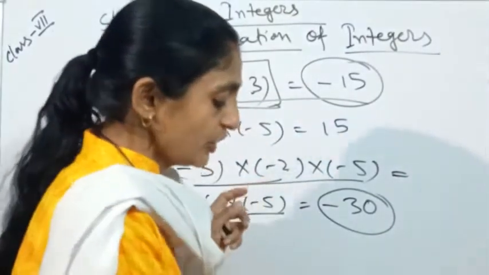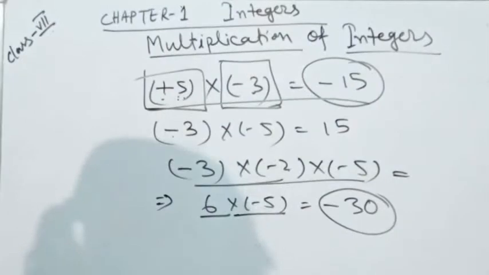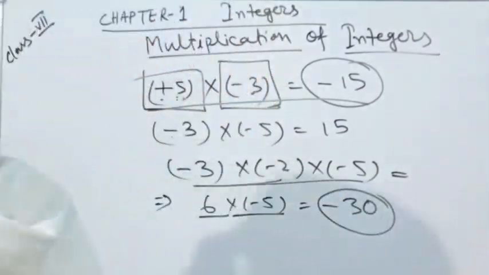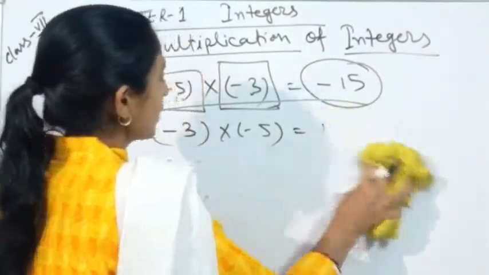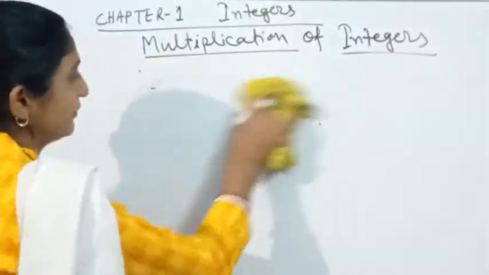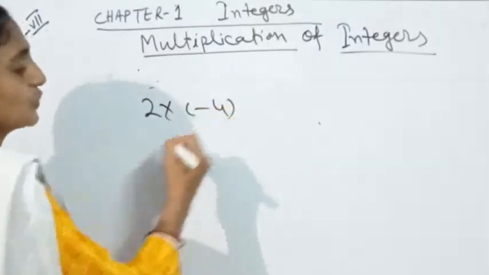Now if you are clear about this, then we can discuss the commutative property. What do you mean by the commutative property? What actually happens in this case? Let's take an example. Let me take one example on rough, 2 into minus 4.